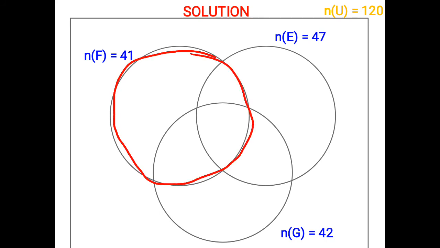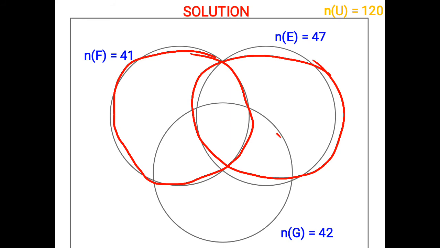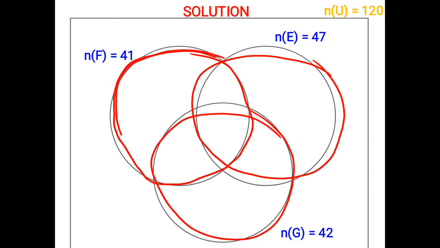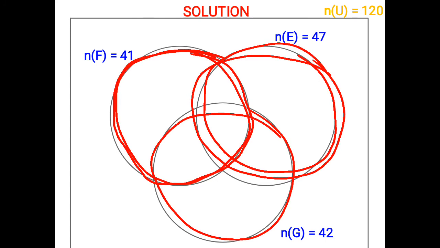Look for this circle, look for this circle, and then look for this circle. All right. So look for those who take French, which is this circle. Look for the students who take economics, which is this circle. And then look for the students who take geography, which is this circle, before you move on.